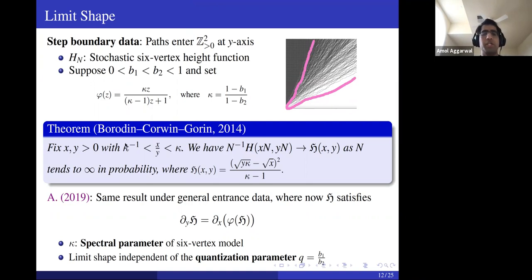So this region, x over y in 1 over kappa to kappa, means that you're in the interior of this cone. So in that region, you have that n inverse of the height function evaluated at x n, y n. So I imagine that I'm looking at some point here, and it's x n, y n.